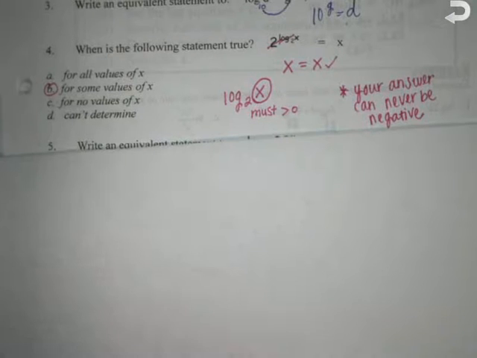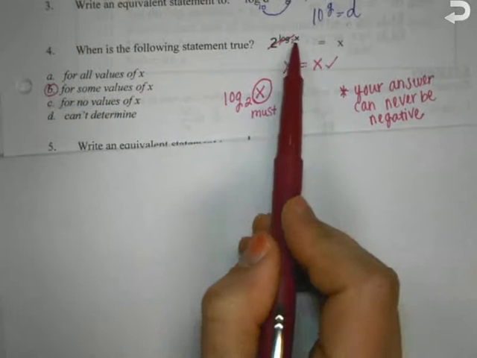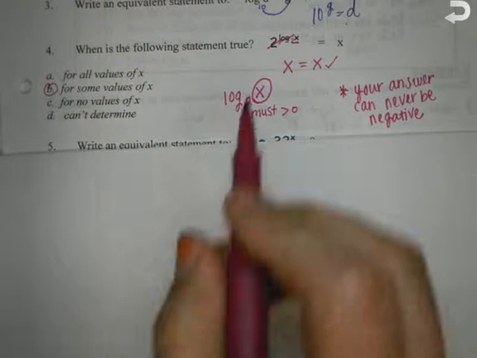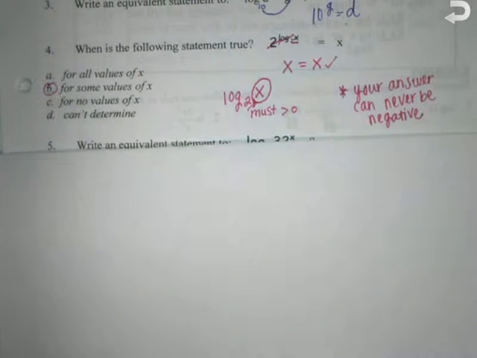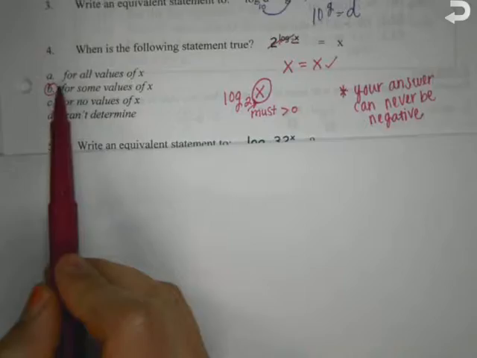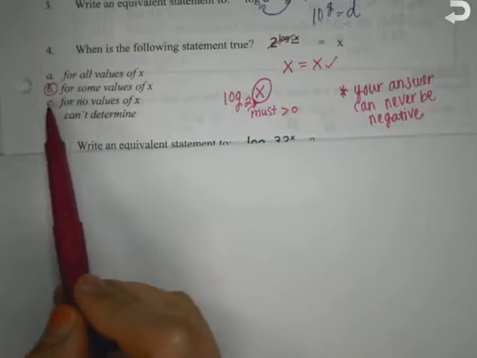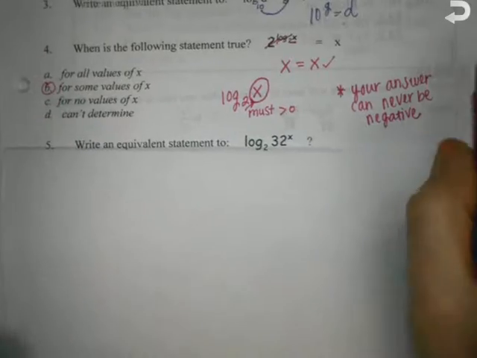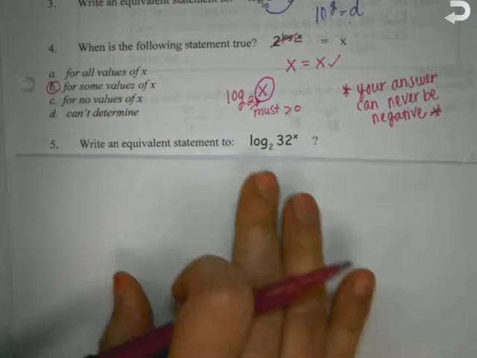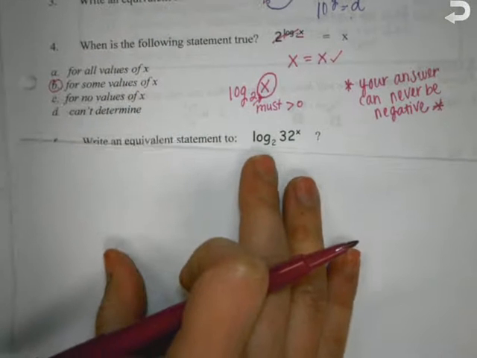So we only look at values of x that are positive. It's not for all values of x, only for some of them. Does that make sense? That's just something we have to memorize and remember.